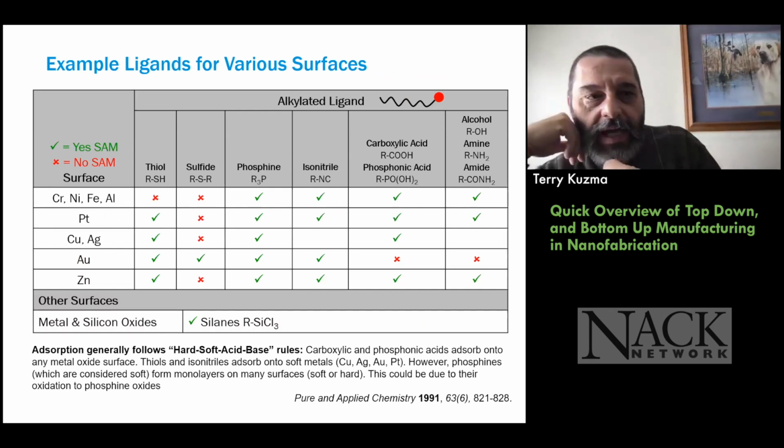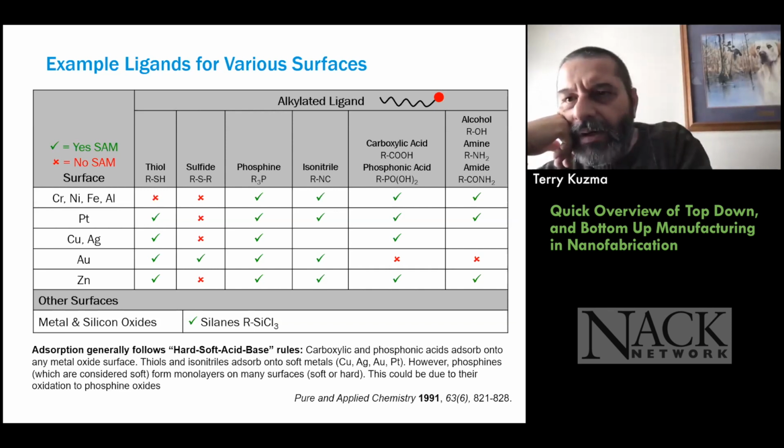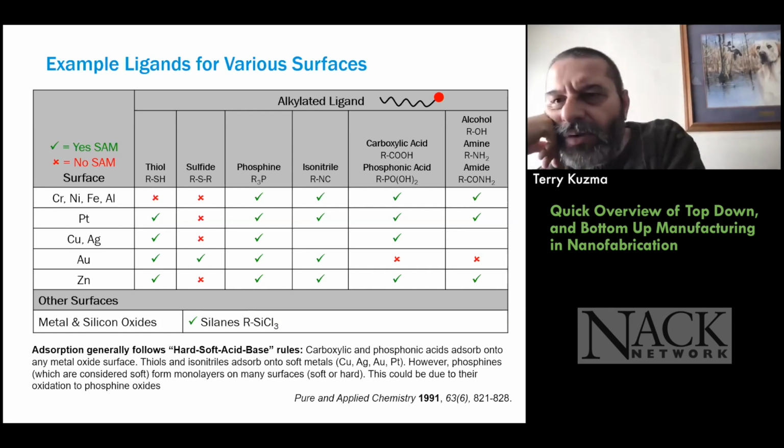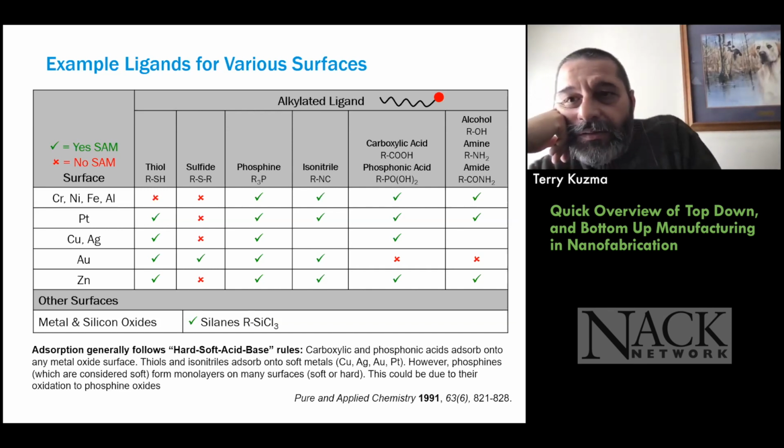If I wanted to have a surface like platinum or something, then I would use a thiol, or I'd use phosphine, or I'd use an isotriol. I'd use any one of those. Does that make sense? And if it's blank, I didn't do the research on it, so I don't know. But the other ones work or don't work according to some papers, or that paper.